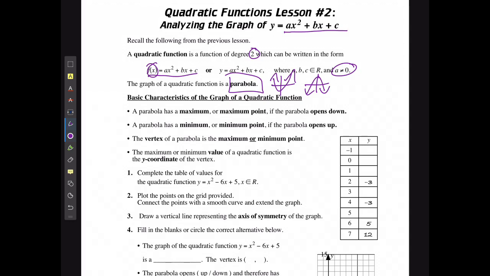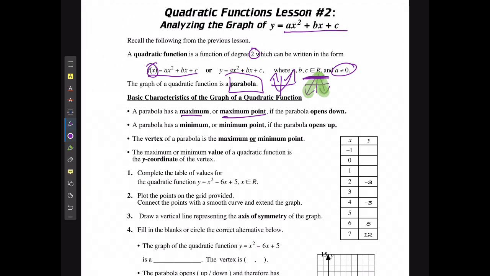If we're looking at the basic characteristics of a graph, a parabola has either a maximum or minimum point. If the parabola opens down, in this case, we can see that for this one it opens down and it's got a highest point that exists there.